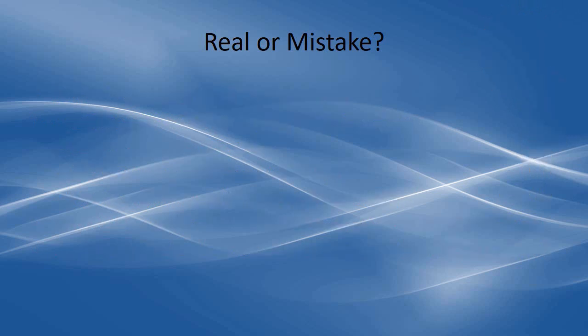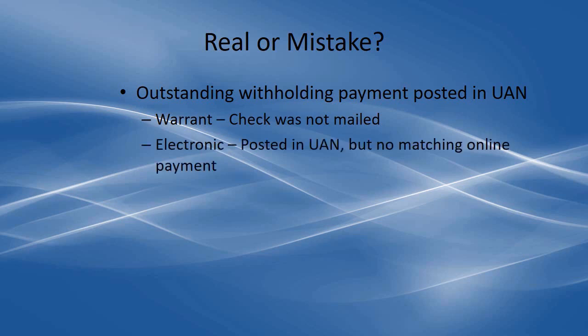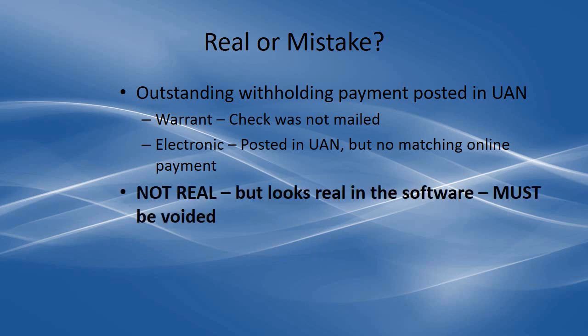How about an outstanding withholding payment example? There's an outstanding withholding payment posted in UAN. If it's a warrant, it probably indicates the check was not mailed. If it's electronic, it probably means that it was posted in UAN, but nobody actually went to a website and made an online payment. It's not real, but it looks real in the software.